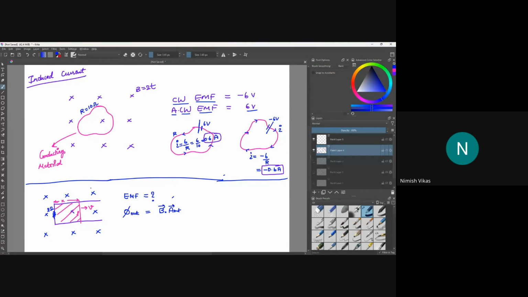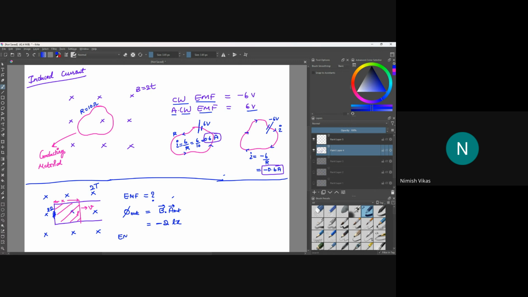B is, let's say, some 2 Tesla. B is inwards, area is outwards, so this dot product will be minus 2 Tesla into the area. The shaded region is a rectangle, so the area is length into breadth, so L into X.